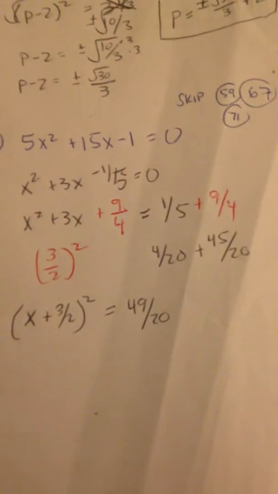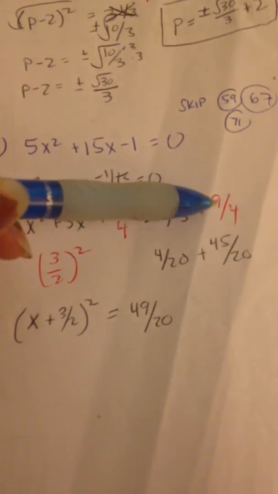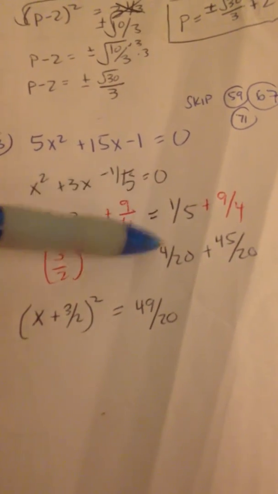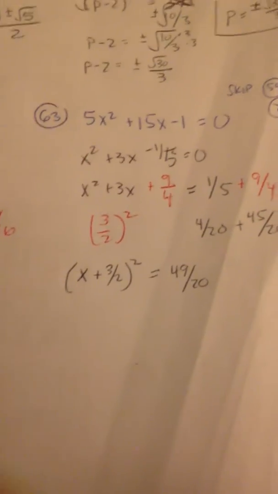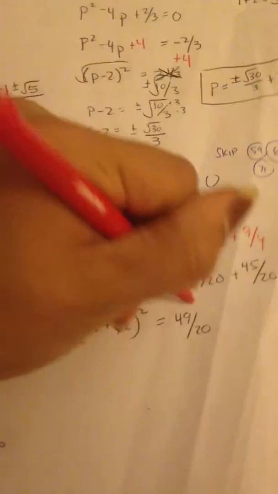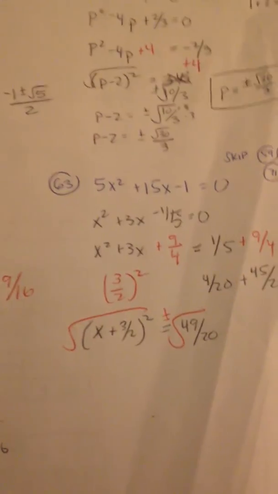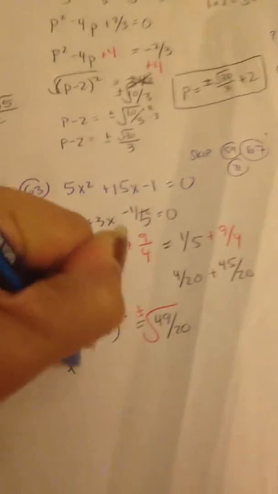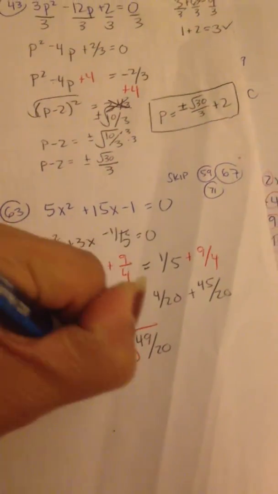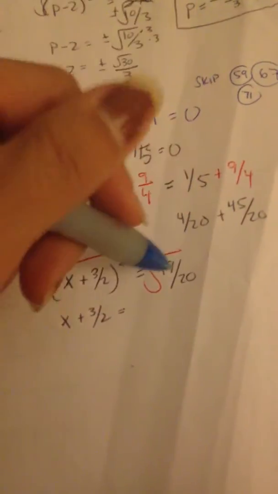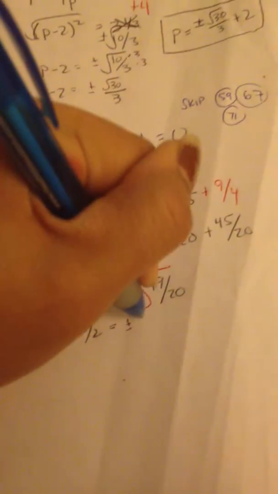Did I do that correctly? Times 5 times 5. Yeah. Times 4 times 4. Cool. Square root. Plus or minus x plus 3 halves, because the square and the square root cancel, equals plus or minus.